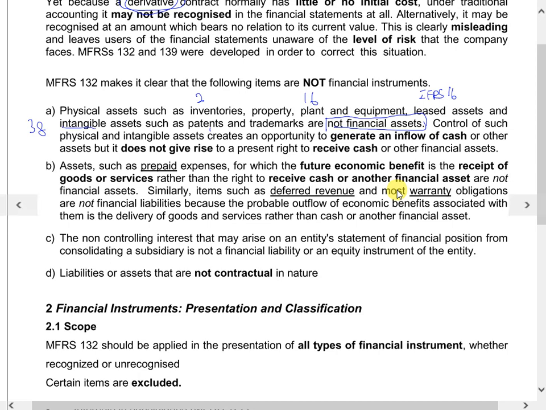What about PPE? You buy a machine, you buy tables and chairs. By investing 1 million in tables and chairs, put there for 1 year, do you receive any contractual right to receive any cash? No, nothing. But we know that the asset will generate future economic benefit, but you do not have a contractual right to receive cash.